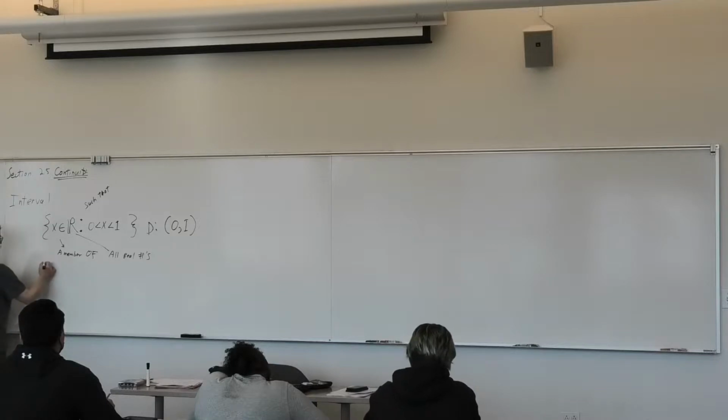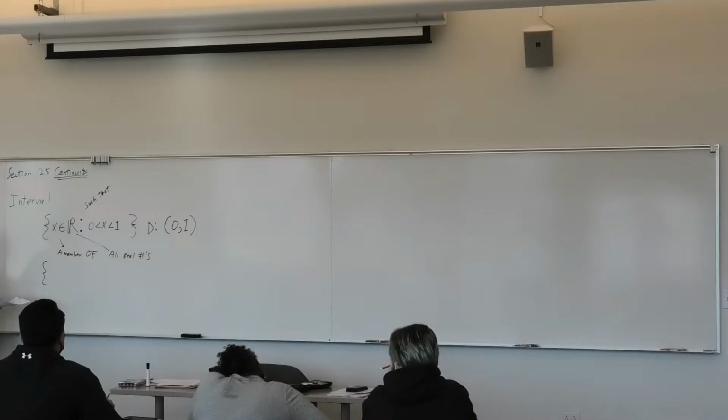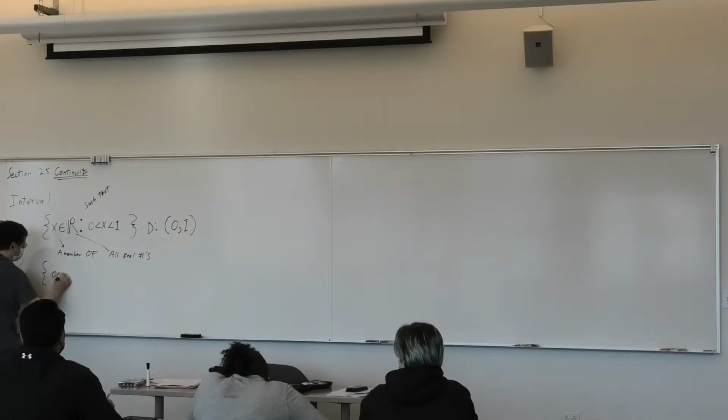Similarly, you see we have all these different ways of writing this. Some are a little more brief, some are a little more specific. This is very specific. But I could just write it like this.